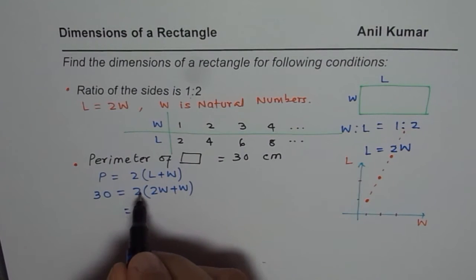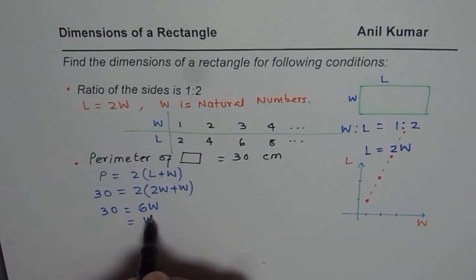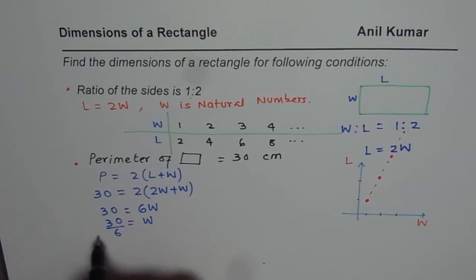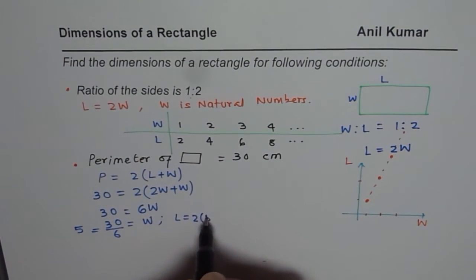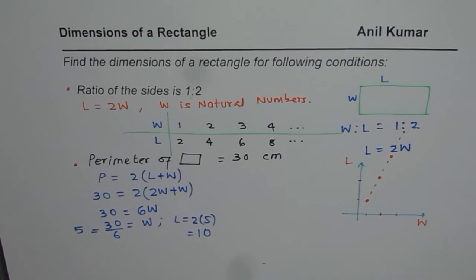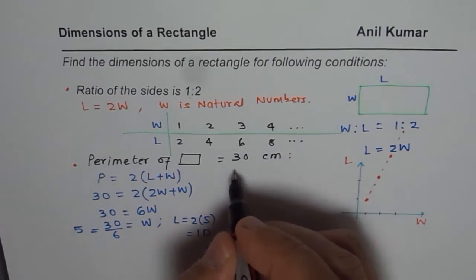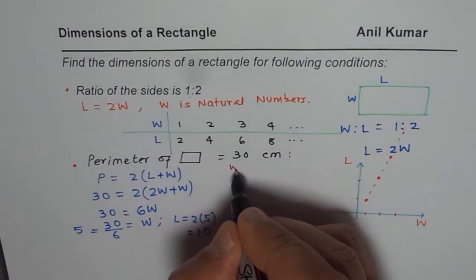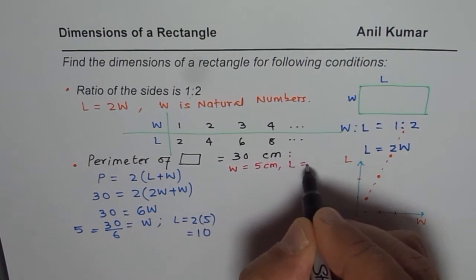We get 2 times 3 is 6, so 6 times width is 30, or width is equal to 30 divided by 6, which is 5. Clearly, if width is 5, then length will be 2 times 5, equal to 10. So when the perimeter is 30 centimeters, we have a width of 5 centimeters and a length of 10 centimeters.